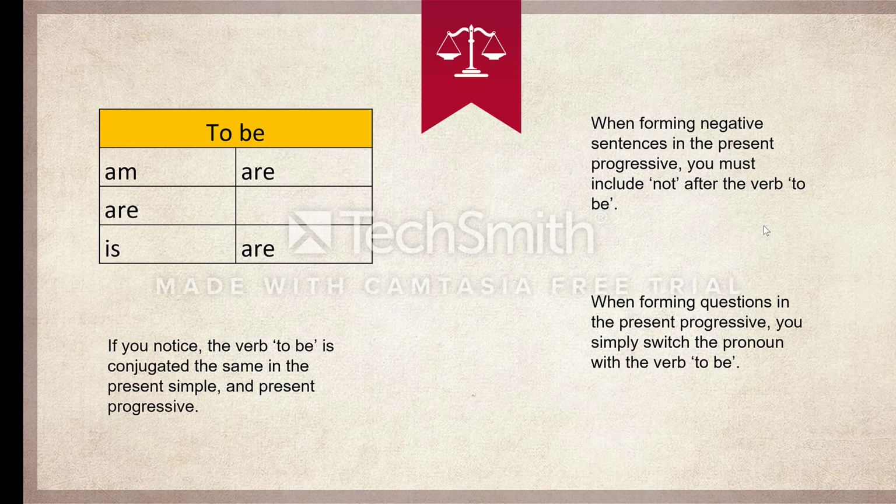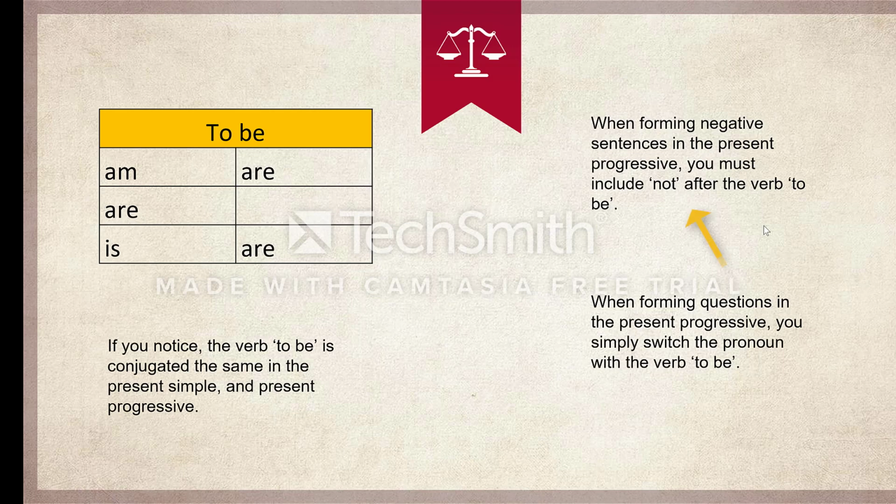So, just like the simple present, the main verb is going to be "to be," and it conjugates the same. I am, you are, he, she, it is, we are, and they are. So, as you know, if you notice, the verb to be is conjugated the exact same. So we don't have to learn anything new in that sense.